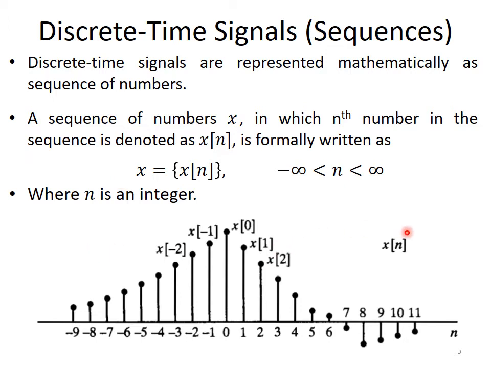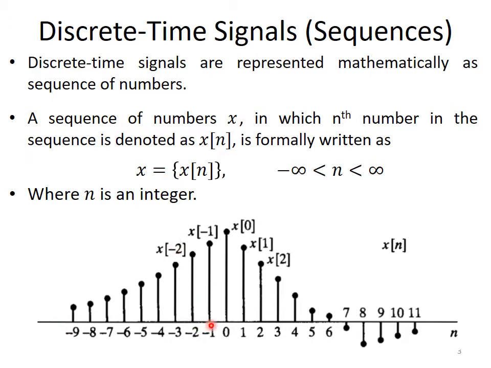And to plot any discrete time signal, this is how it would look. It would have discrete samples at discrete intervals, right? The x-axis represents the values of n, and all these values you can see are integer values, and the y-axis is the value of the sample.